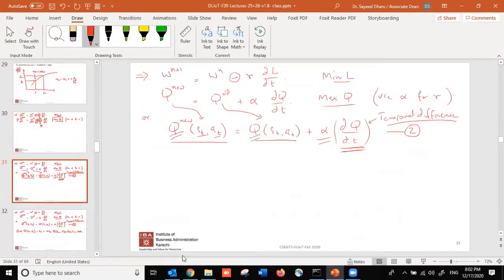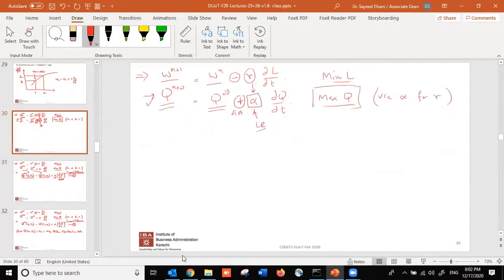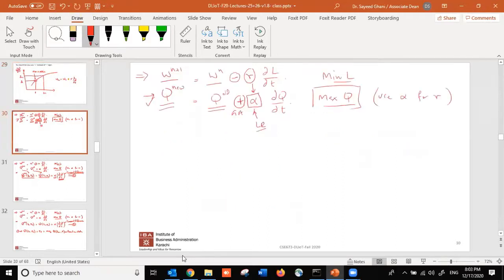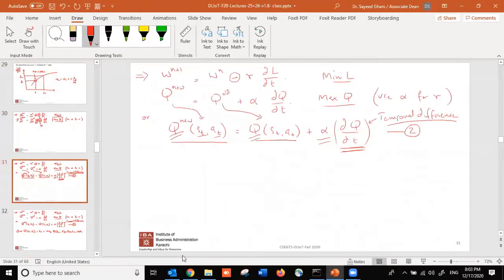And the second equation is basically saying, how do we maximize this value over time? Okay, so we're saying that for a particular state, you want to be able to iteratively maximize this over time, using something like a gradient ascent algorithm.